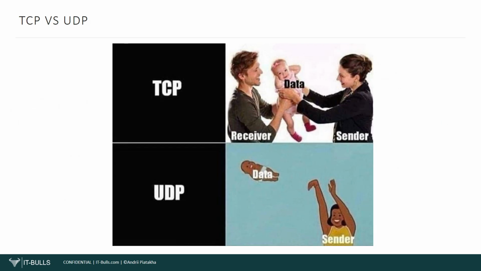Probably the best visualization of the differences between TCP and UDP that I managed to find on the internet is presented on the slide. TCP cares about making sure that the message is delivered to the receiver, and UDP just makes sure of sending all chunks of data without getting confirmation of receipt and resending in case the message wasn't received.